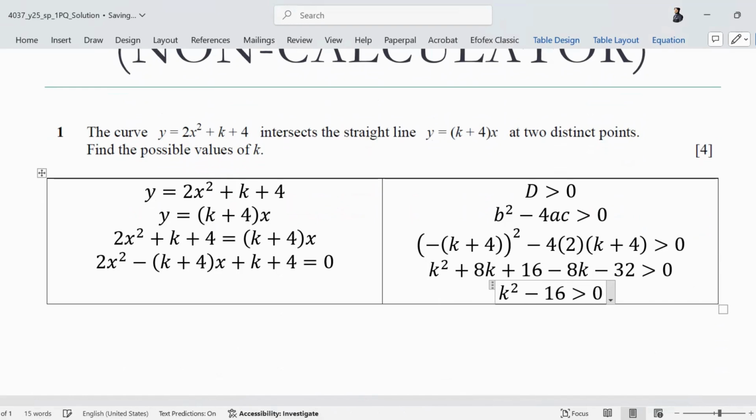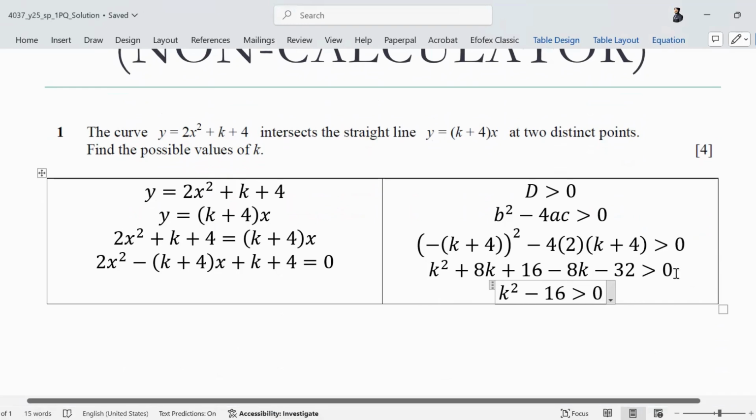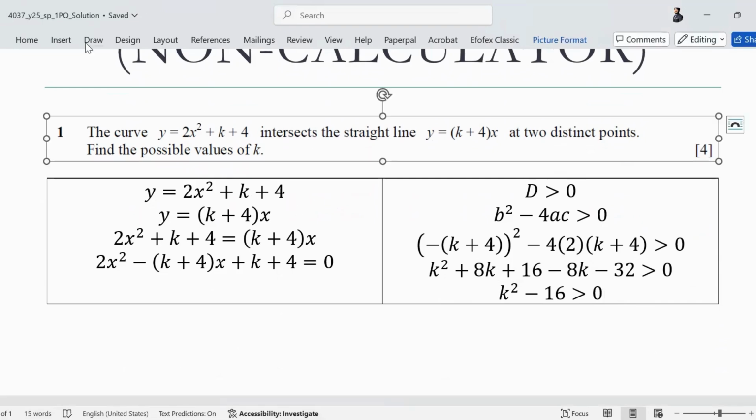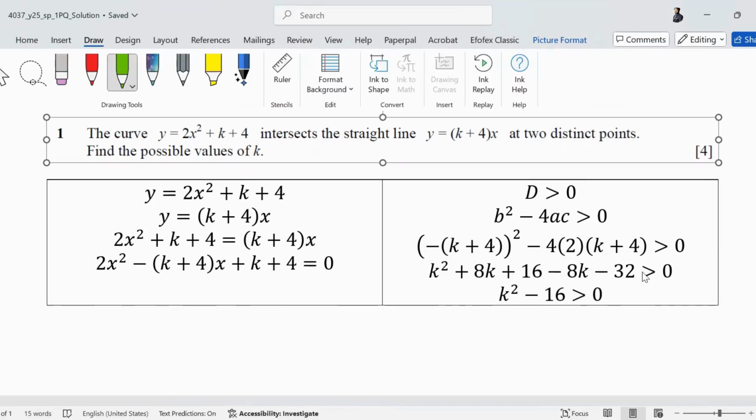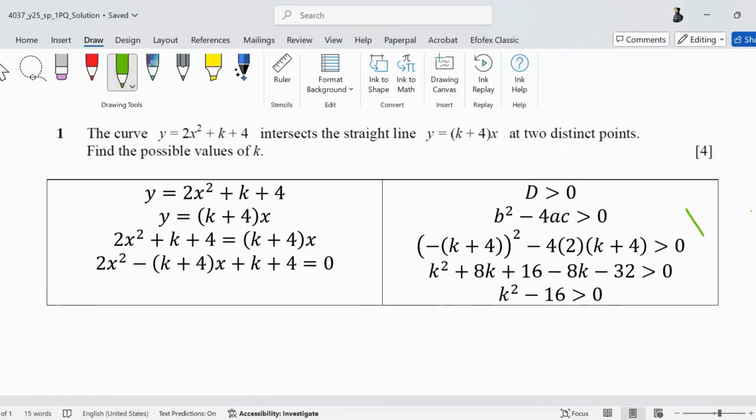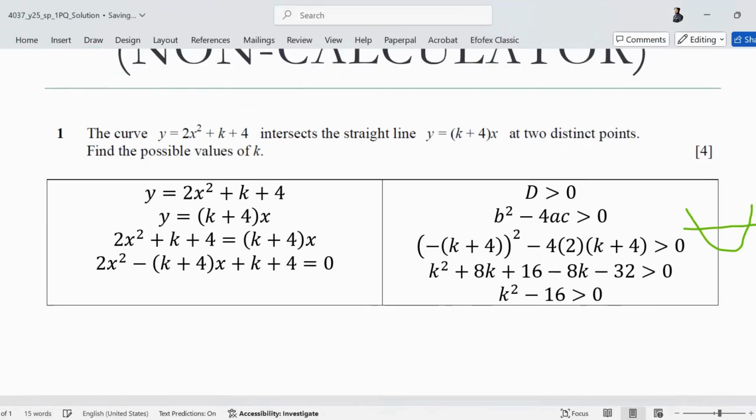Now it is a quadratic inequality. You must follow all the basic steps of solving a quadratic inequality, which are first sketching the shape. This will be a happy face. The critical points will be 4 and negative 4. And we are looking for the values when this is greater than 0.